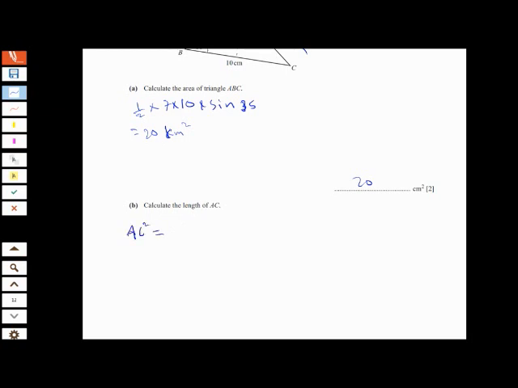AC squared equals 10 squared plus 7 squared minus 2 times 10 times 7 times cosine 35. That should equal 149 minus 114.6812.